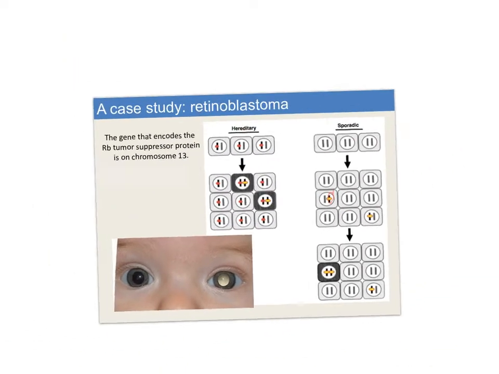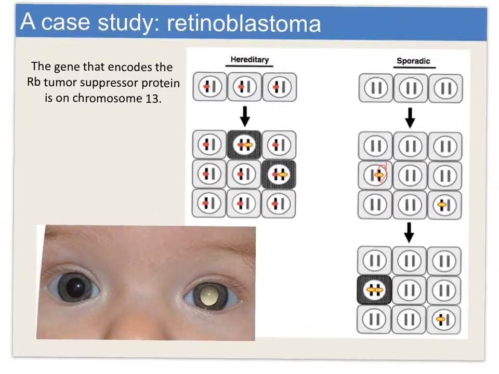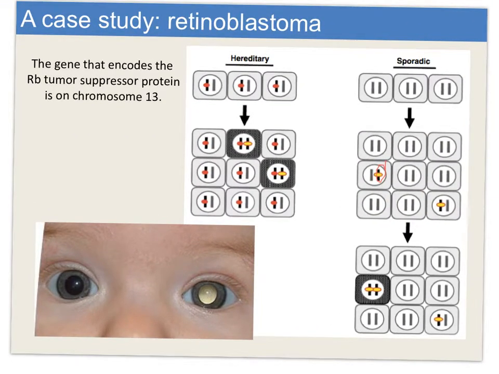But there is a hereditary form of retinoblastoma. So someone inherits one bad copy, and then you end up with another that happens sporadically, and so it's a much higher incidence of getting retinoblastoma tumors.